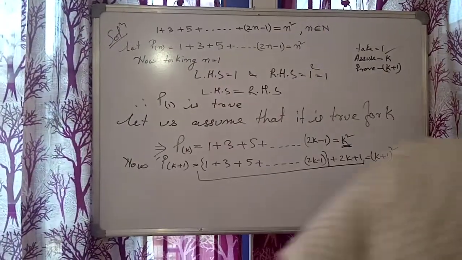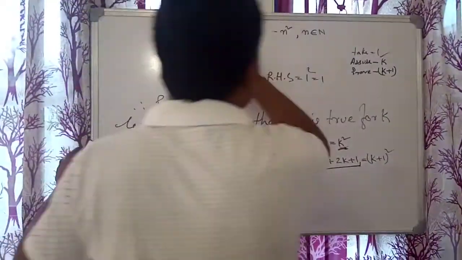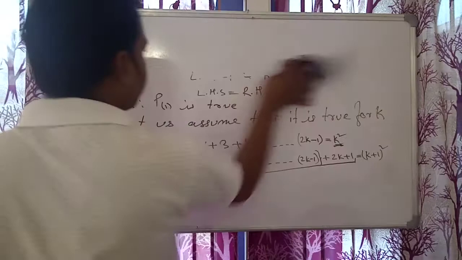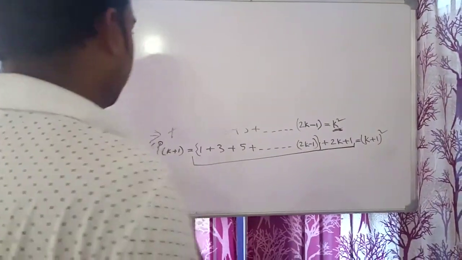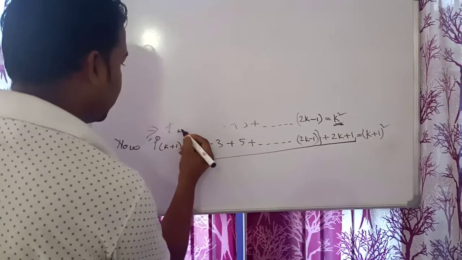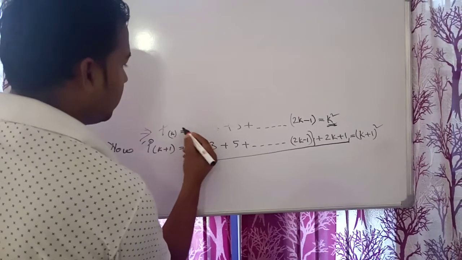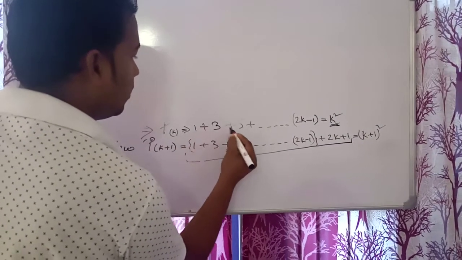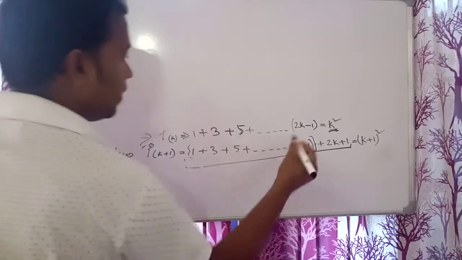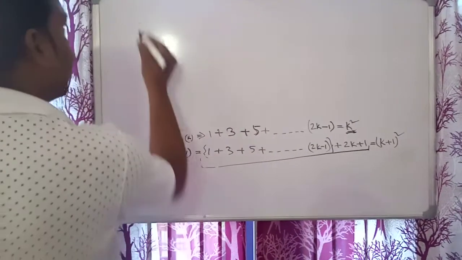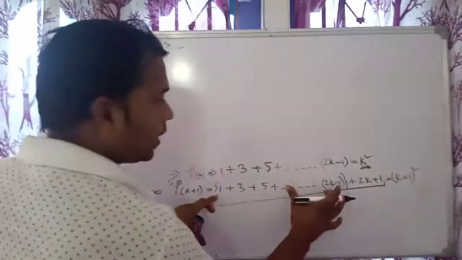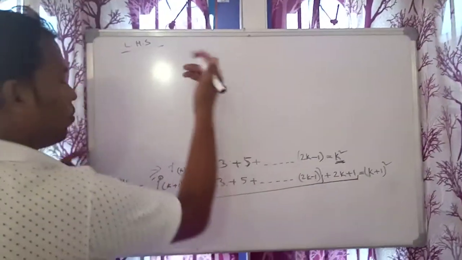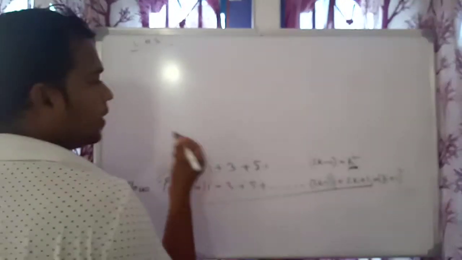Now we have to show this one, P of k plus 1, 1 plus 3 plus 5 plus dot dot. Now left hand side, you have to prove this one is equal to this one, then your question answer is finished.